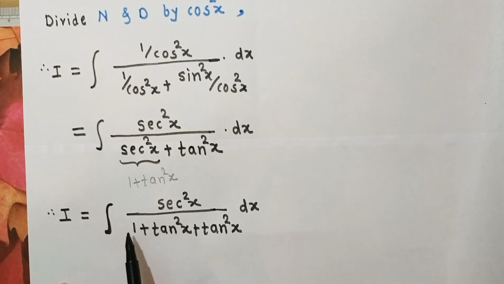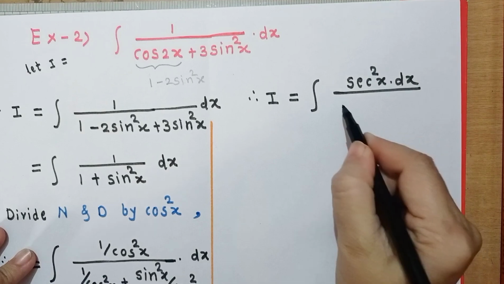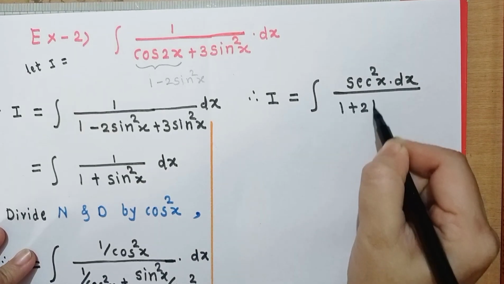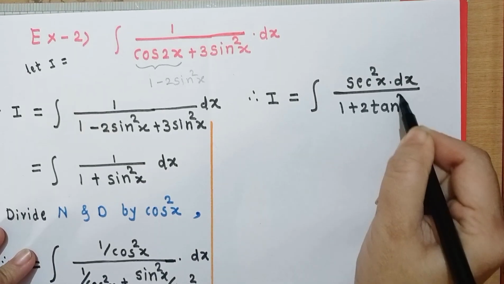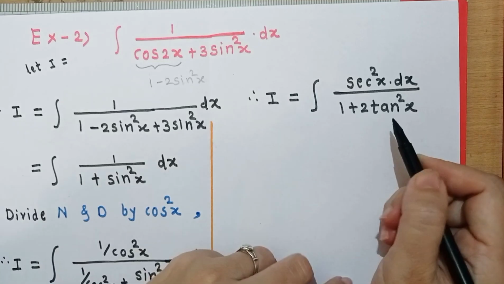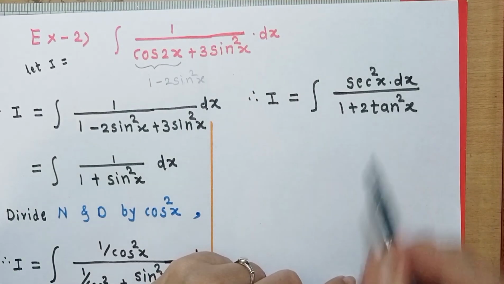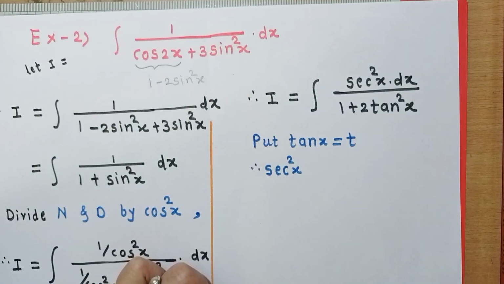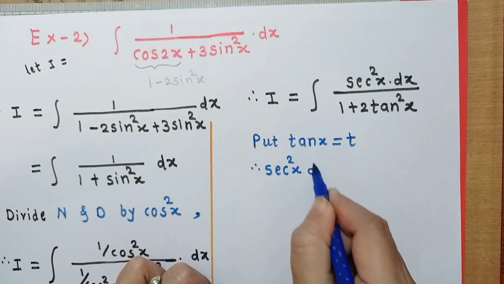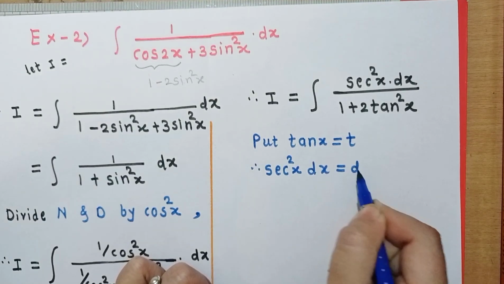So we have denominator 1 plus 2 tan square of x, and now here we will substitute tan of x equal to t, and hence sec square x dx equal to dt.